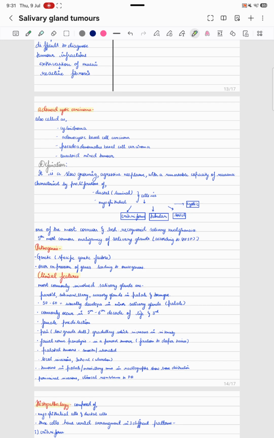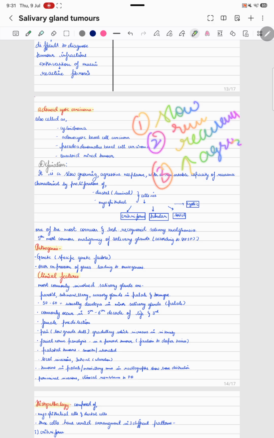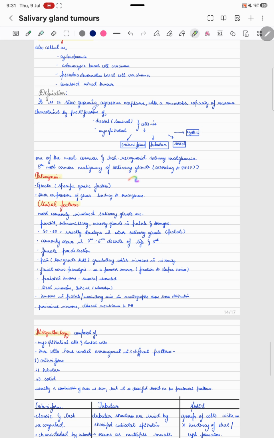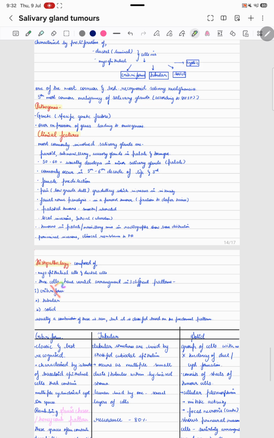Okay, so it is firstly slow growing, painless, then it is a remarkable capacity of recurrence, and it is highly aggressive, and last but not the least, it has a proliferation of ductal and myoepithelial cells. These cells arrange themselves in 4 different patterns, that is your tubular, cribriform, solid and cystic, right?